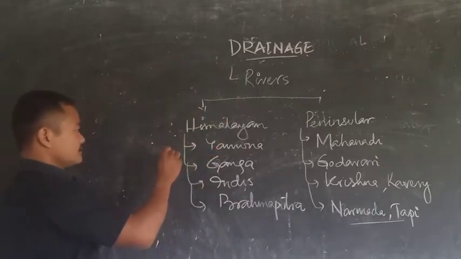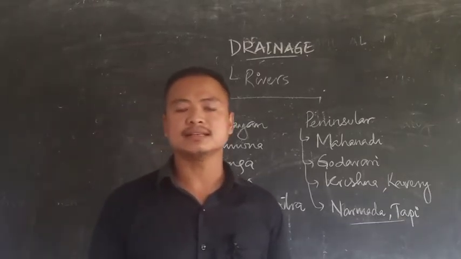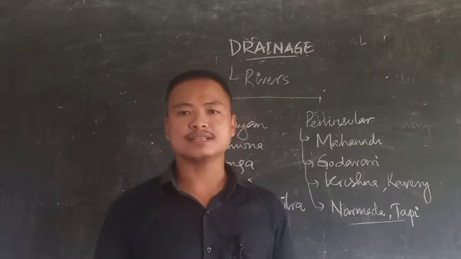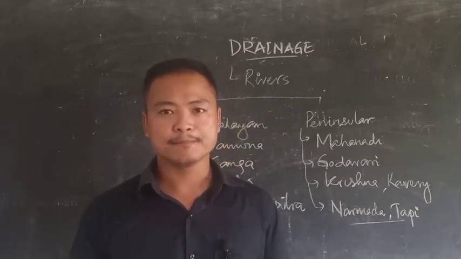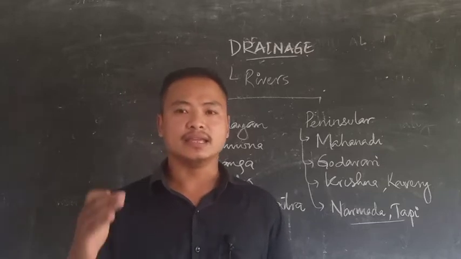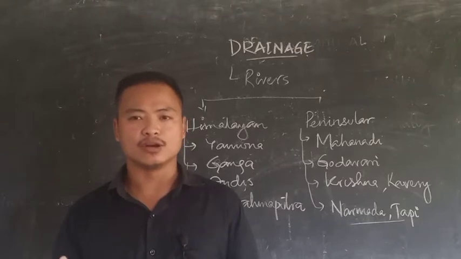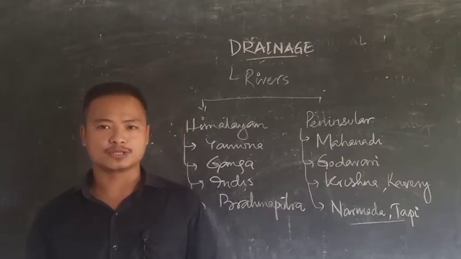So the Himalayan rivers are considered to be antecedent rivers on the basis of the fact that they cut the Himalayas into deep gorges and kept flowing in their own path without being obstructed.